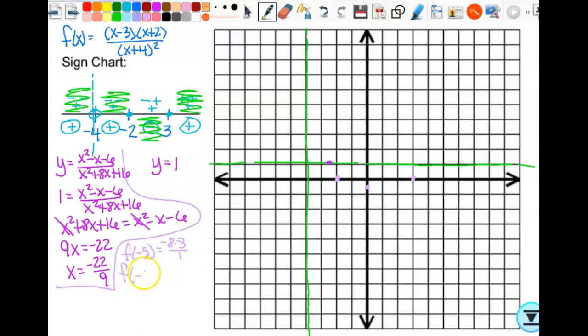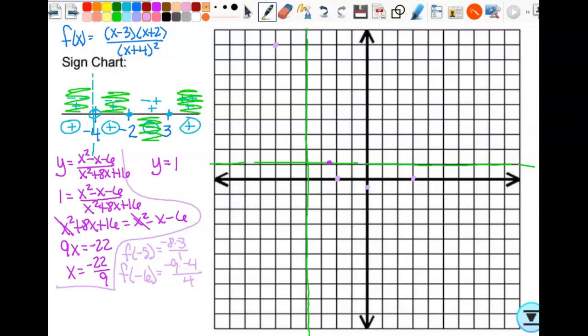So I find f of negative 6. That's going to give me negative 9 times negative 4 over 4. Right? So that would give me positive 9. Right? So I can do that. Negative 6, and then 1, 2, 3, 4, 5, 6, 7, 8, 9. Well, that by itself definitely is not that helpful.